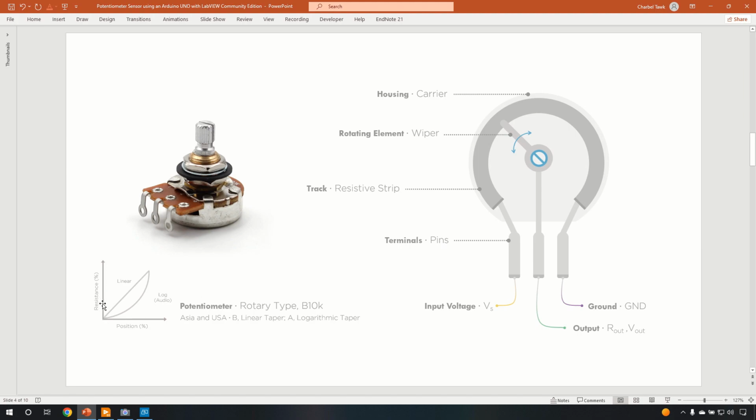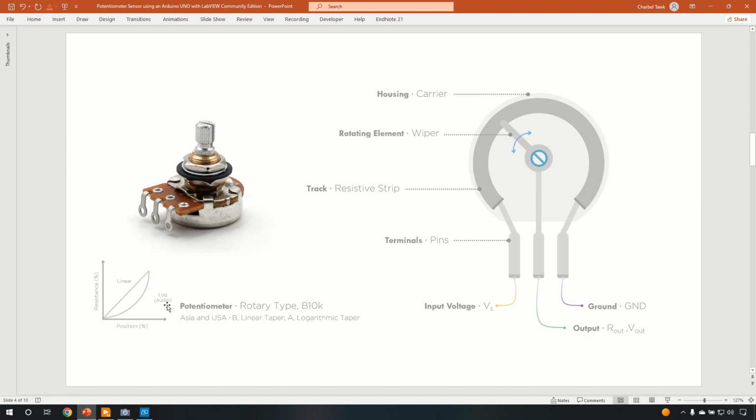And on the y-axis, we have the resistance in percent, say in kilo ohms. Whenever we have a B-type potentiometer, or in this case B 10K, it means the relationship between the angular position, the angle, and the resistance is linear, which means the resistance changes linearly with the position. And that's great for most applications.